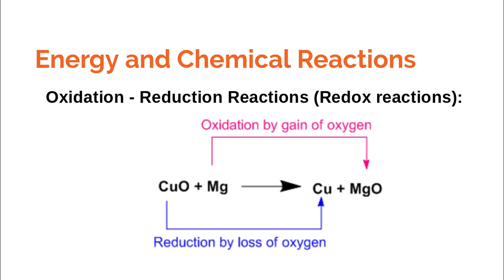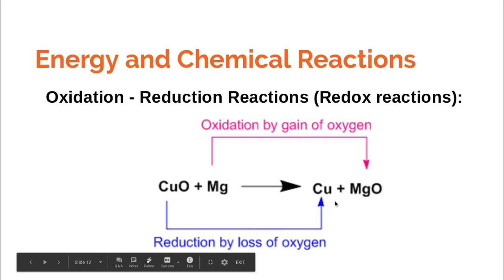But what's going to happen here is that our copper that is positively charged is going to steal electrons from magnesium. Because copper is positively charged here, that means it has fewer electrons than it wants, so it's going to steal them from magnesium. As you can see here in the products, copper now doesn't have any charge.